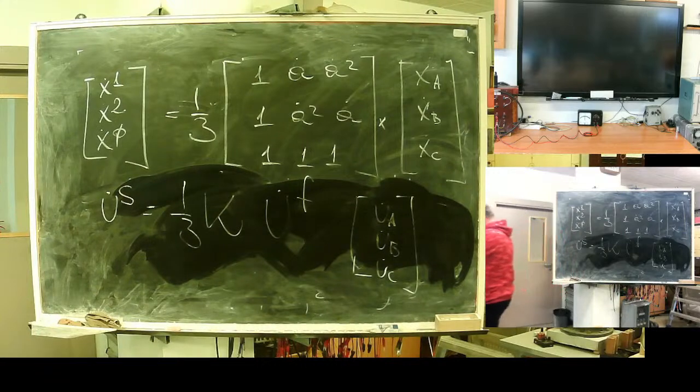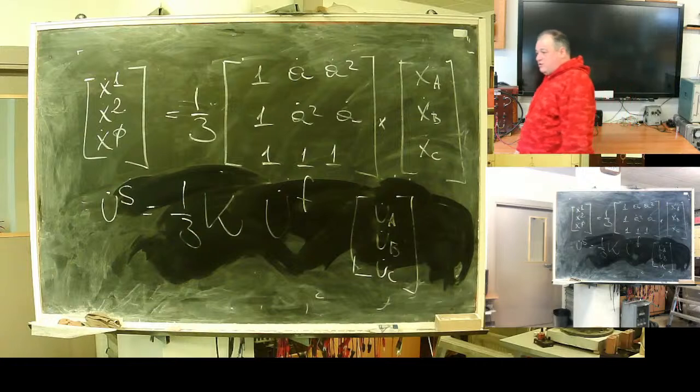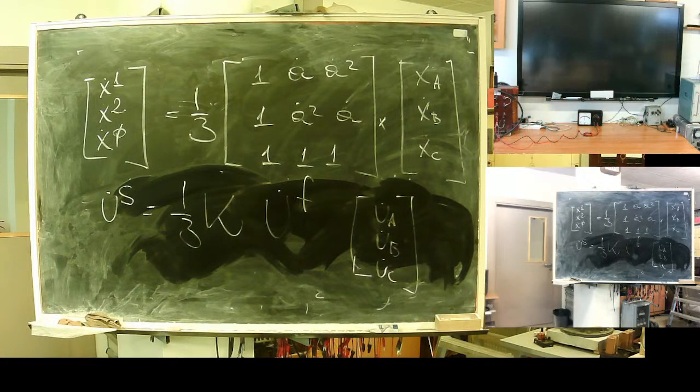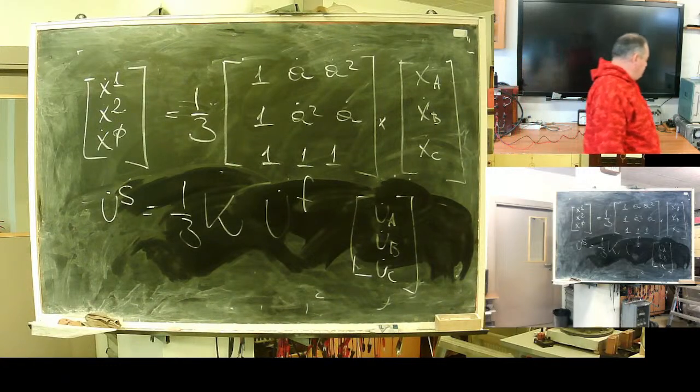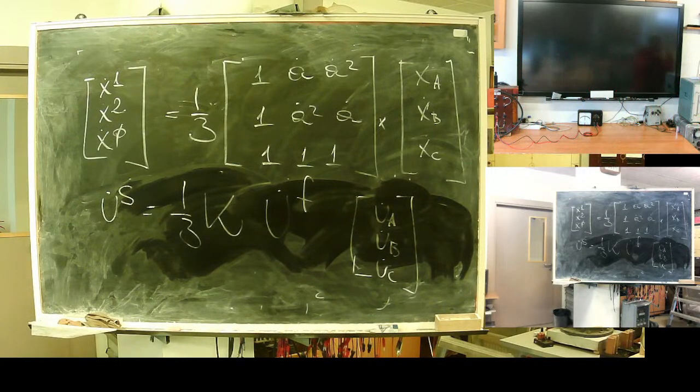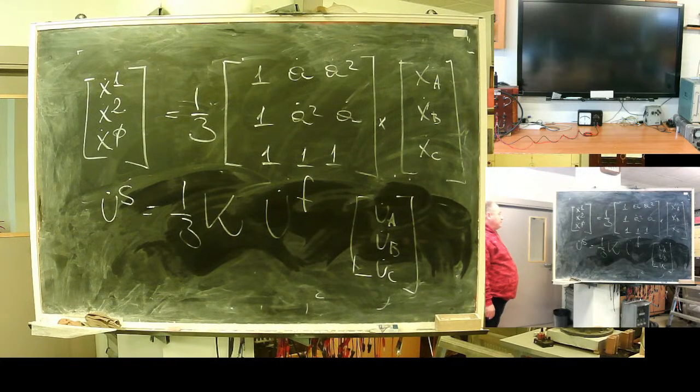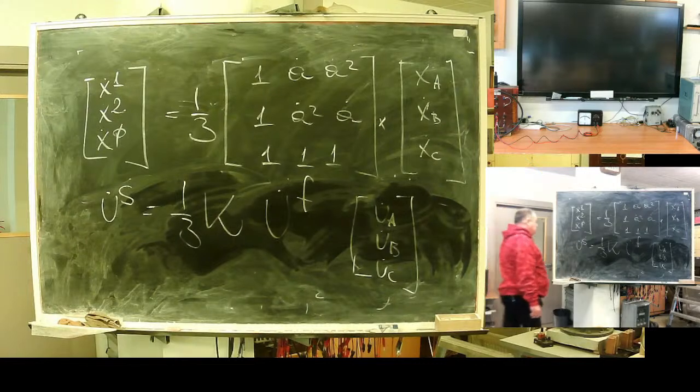Elements of this vector are complex representations of voltages. If you want, they are results of Fourier transform for the first harmonic of the real voltage and currents.